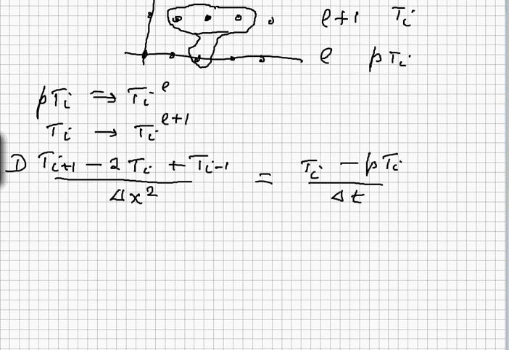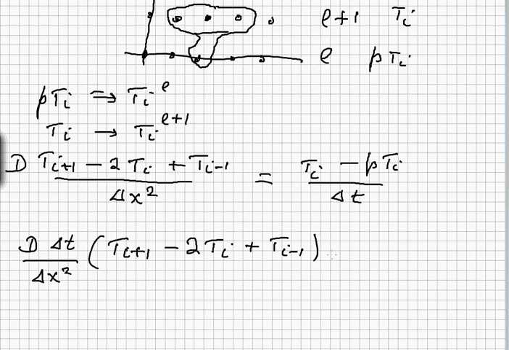Now I'm going to define a term, bringing all these terms here. I'm going to define delta t divided by delta x squared as lambda.